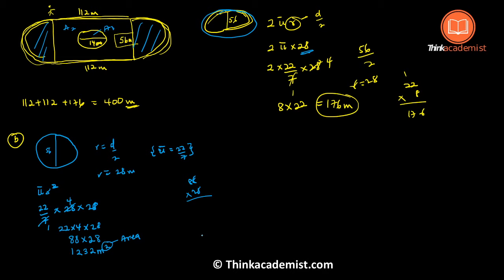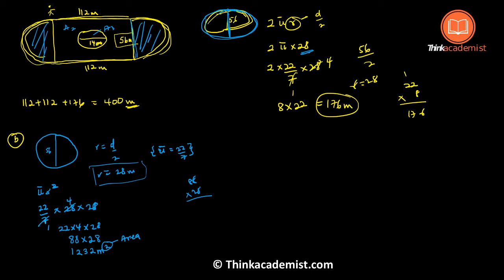Okay, so we are done with that. We were able to establish that these two semicircles, when they come together, will form a circle which has a diameter of 56, because this line here shows the diameter of a semicircle. Once we've established that, we've done our calculations to get our radius, and we said if this is 56, we divide it by 2 to get our radius, which is 28, and then the formula says that pi r squared.